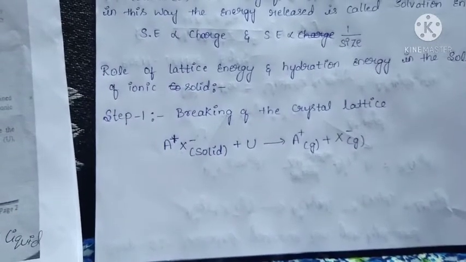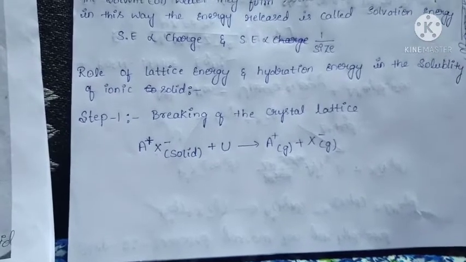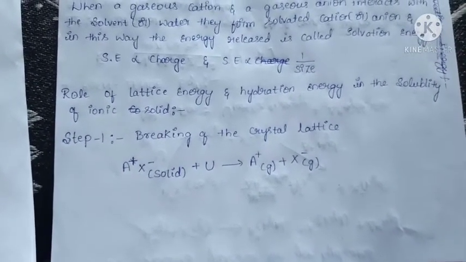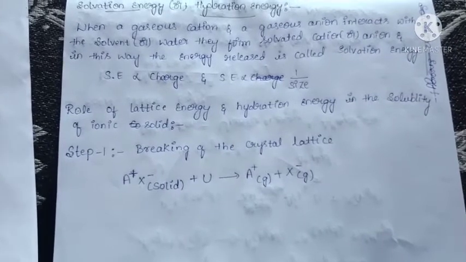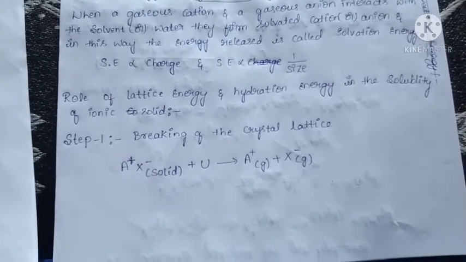Then we move on to the role of lattice energy and hydration energy in the solubility of ionic solids. It means when the ionic solid is dissolved in water, what is the role of lattice energy and hydration energy? We have to know about that.